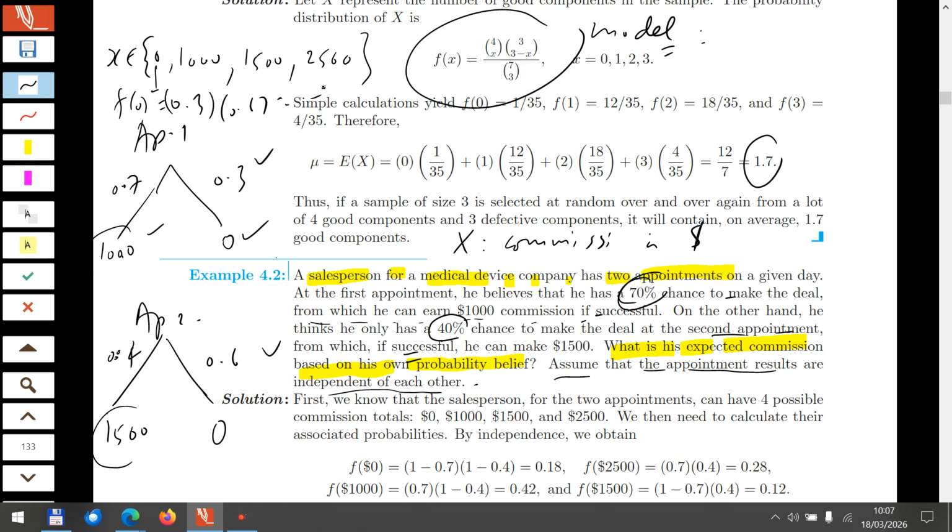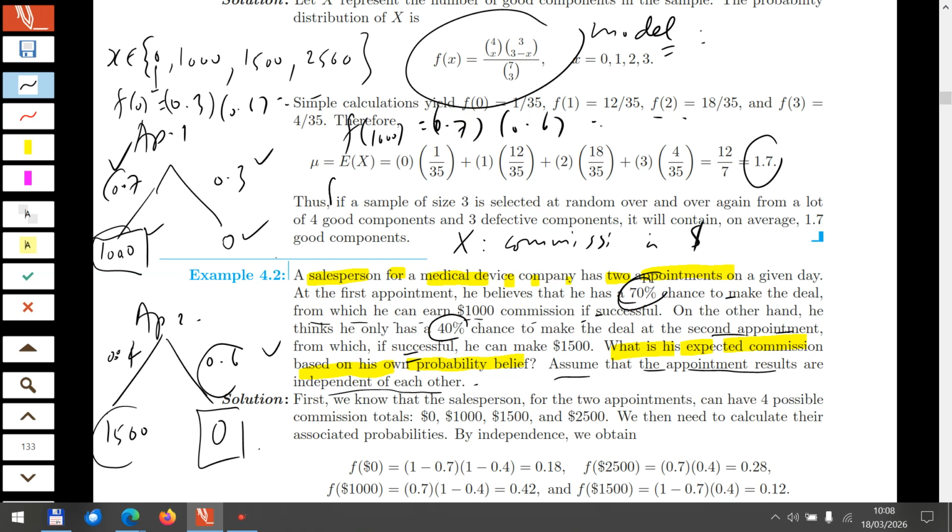That is the PMF. What will be the PMF at 1000? He gets this much commission when this is the event in the first stage, and he must not get anything in the second stage. So he multiplies these two probabilities, 0.7 times 0.6.